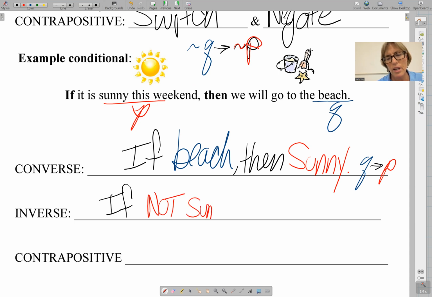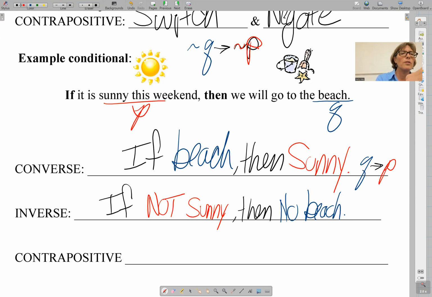I'm going to really botch the grammar just for space's sake. Don't tattletale it to your English teachers. No going to the beach. And it reads like this: opposite of P, arrow, opposite of Q. Negate P, negate Q. That's called the inverse.